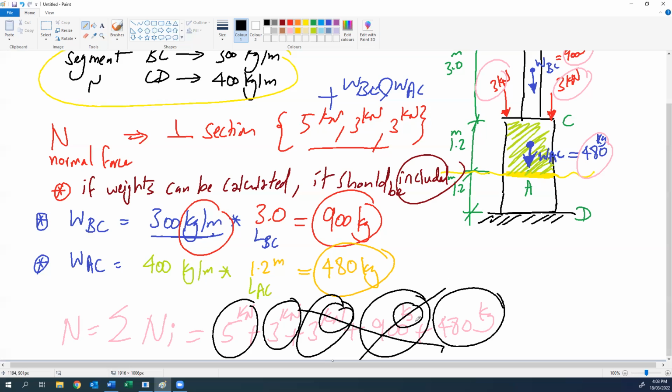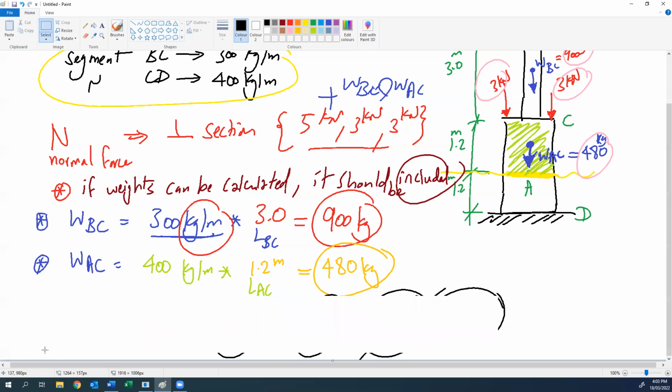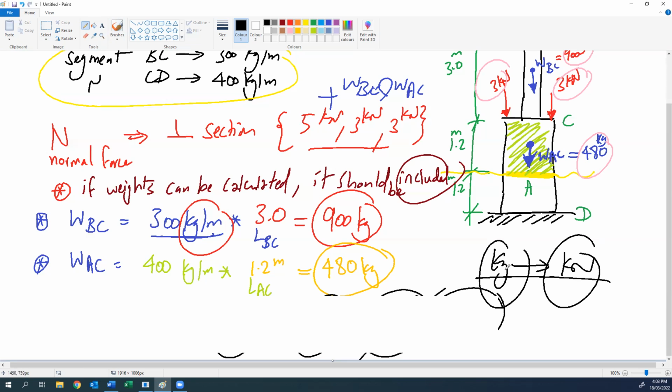So what we need to do first is, I will remove this part. We need to convert kilogram to kilonewton. How can we convert from kilogram to kilonewton?